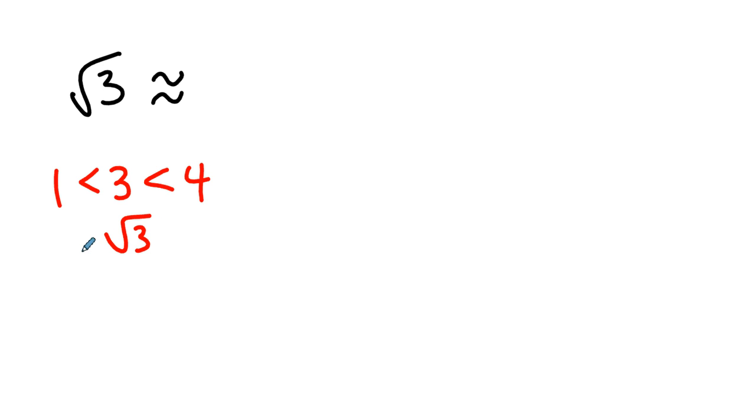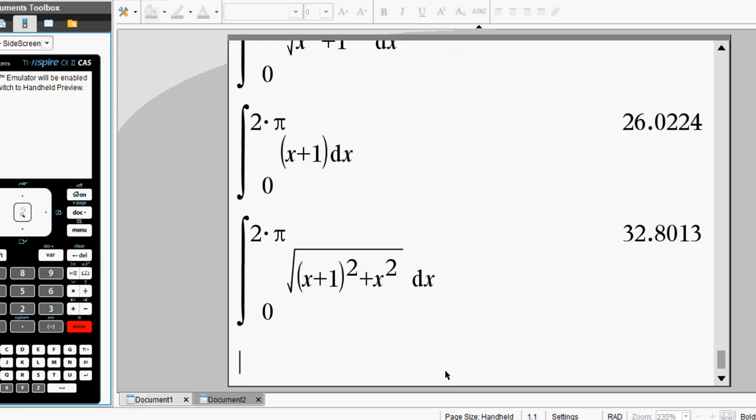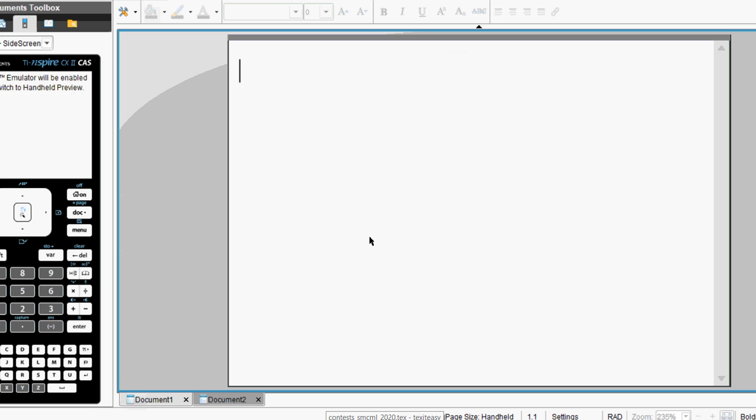So we know that the square root of 3 is between the square root of 1 and the square root of 4. So we know that it's 1 point something, and it's probably closer to 2. So then we ask our calculator, is it greater than 1.7?